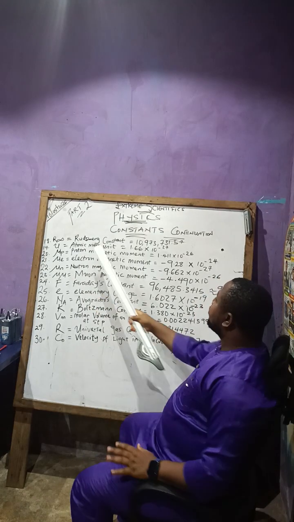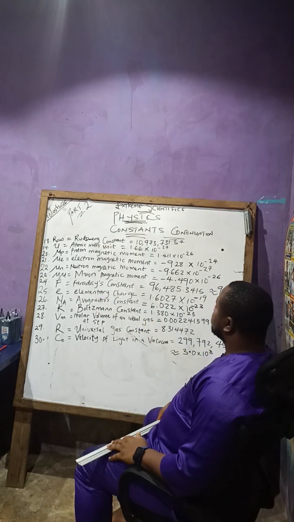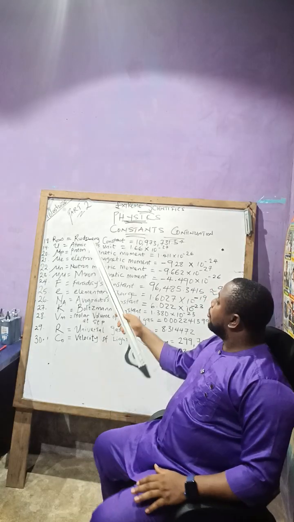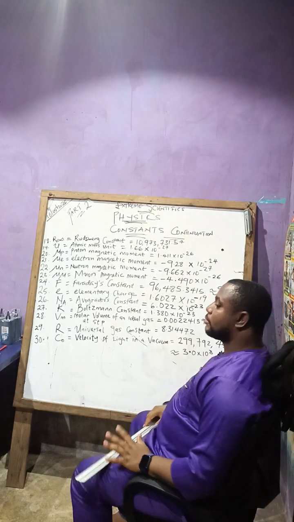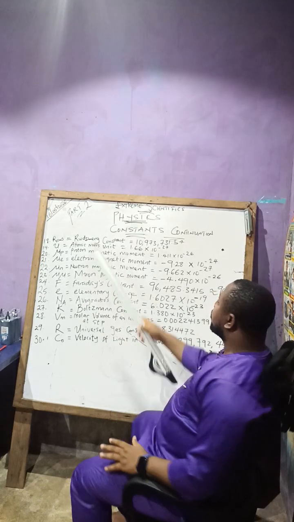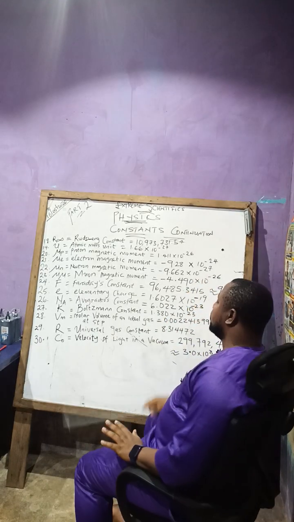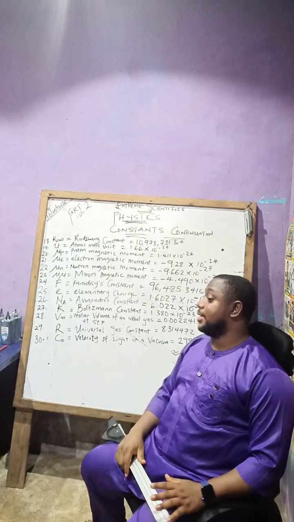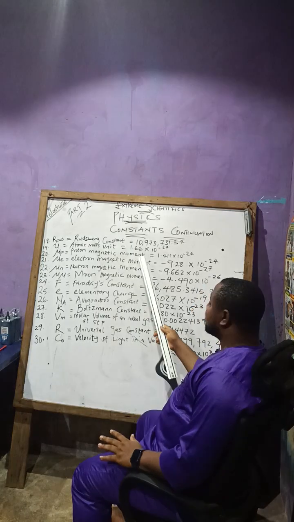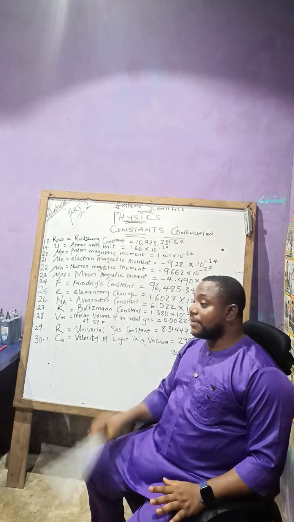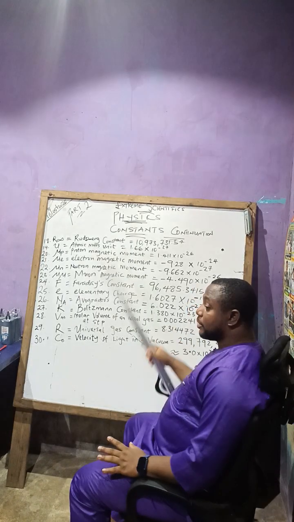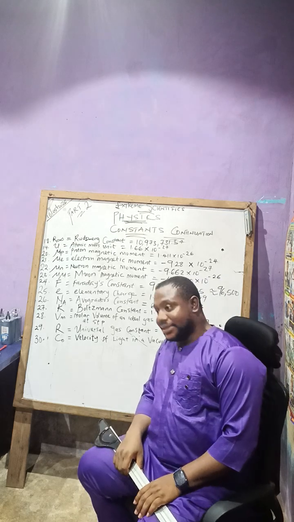So mu p is the proton magnetic moment. Don't worry if you may not understand the meaning of moment now. Later we are going to explain it, because in physics there is a topic called moments.